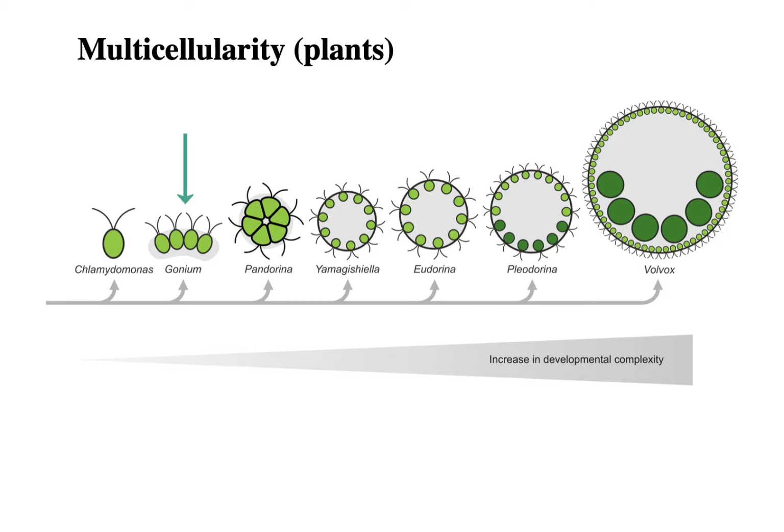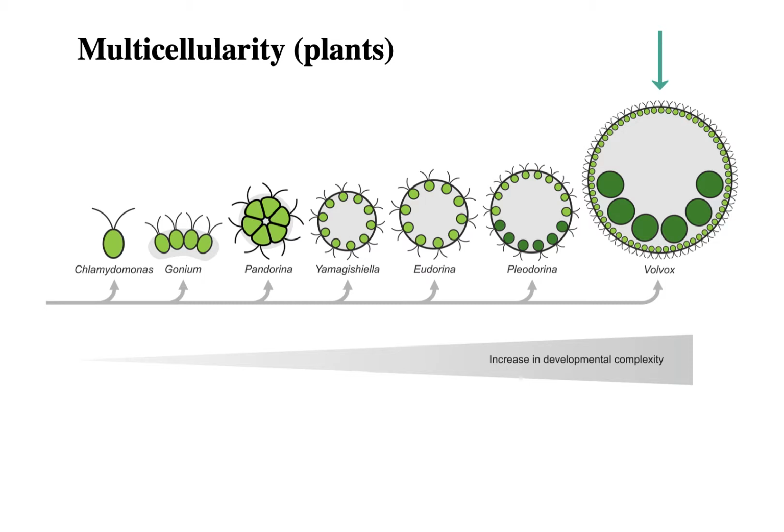And then Gonium, which gets together in sort of a slimy mass to form a loosely multicellular organism, and then working all the way up to Volvox here, where not only do you have a multicellular organism, but the cells then have started to specialize. Some specialize in movement of that entire organism, some specialize in photosynthesis, and others specialize in reproduction.